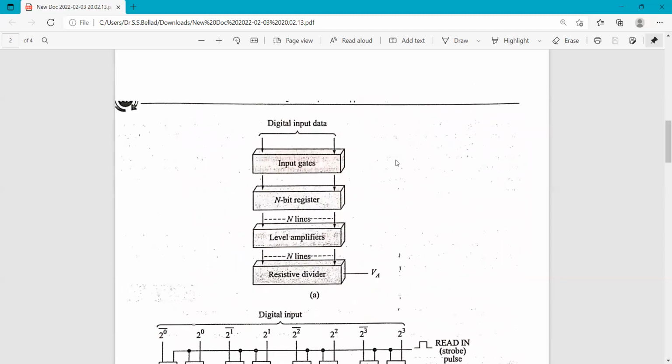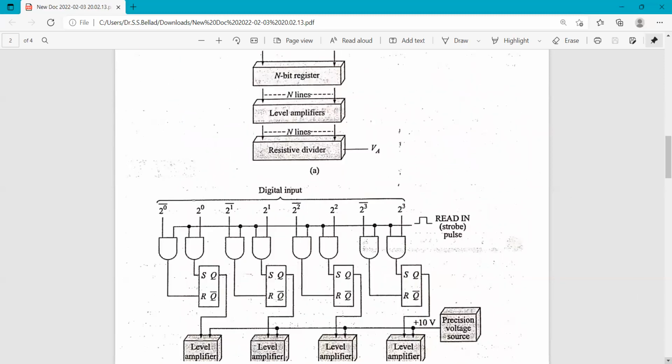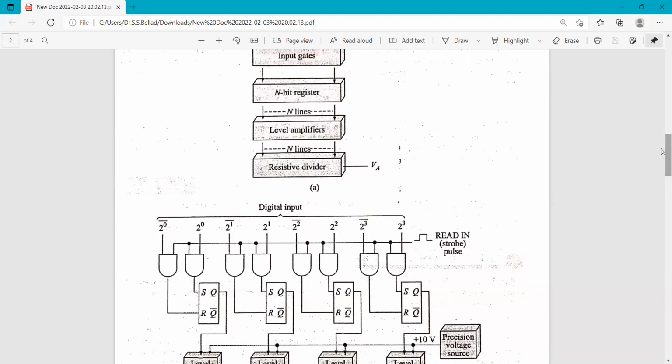In this block diagram, digital inputs are given here. So input gates are there. A gating system is used here. This gating system is required because the digital inputs will have to satisfy some logical conditions.